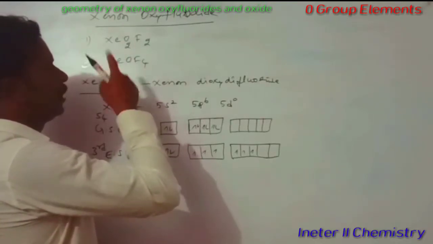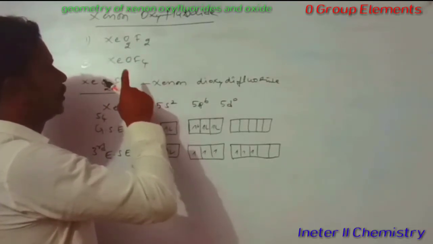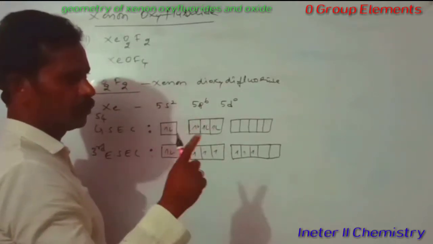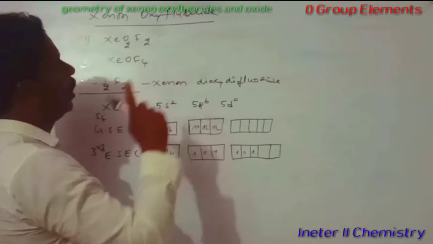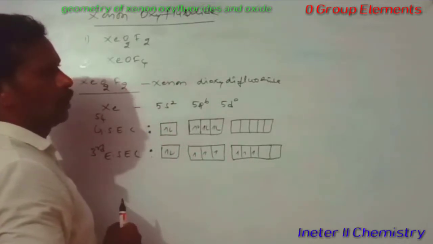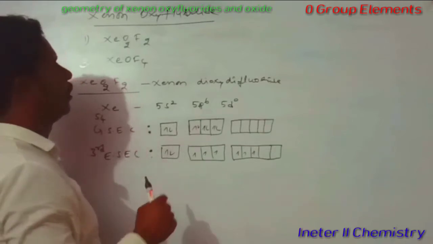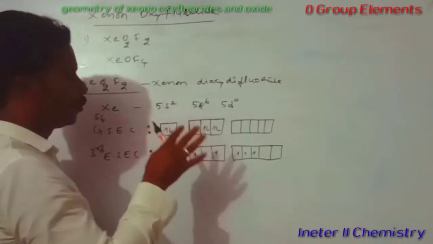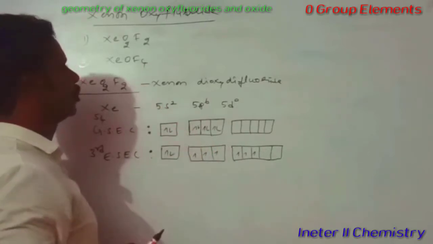But here the fluorine can form only single bonds, and oxygen can form a double bond. But in a double bond only one is a sigma bond. So every oxygen can form one sigma bond and 2 fluorine atoms can form single bonds. How many sigma bonds do we want? Totally only 4 sigma bonds can form.